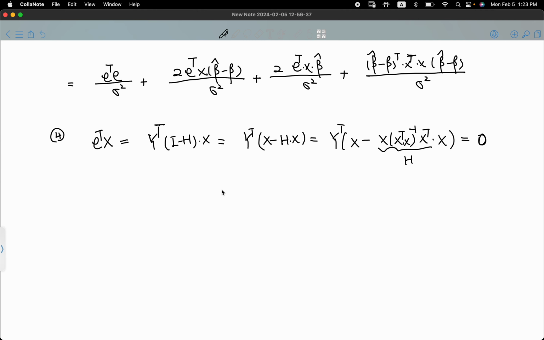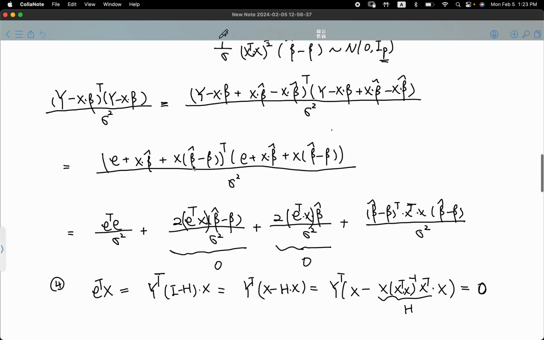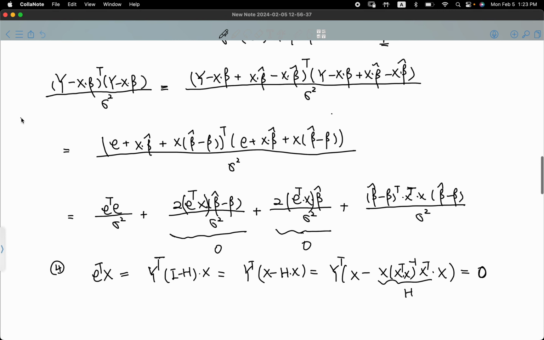So it becomes a 0. So that will give us this quantity equal to 0 because it involves E transpose X. E transpose X. They all become 0. Okay, so this is another quantity that we can use here. So what we have done so far is that we're starting from a chi-square distribution, degree of freedom n, and we decompose to something on the right-hand side. So only two terms remaining here that are not 0.